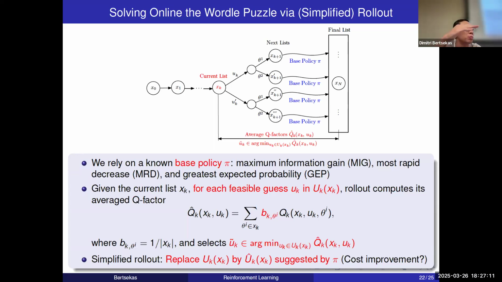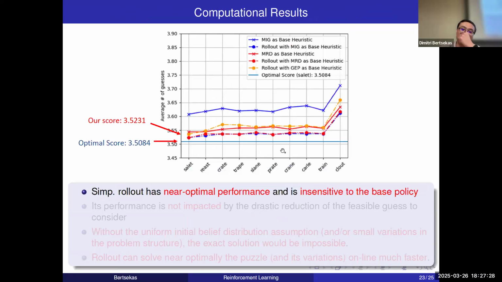And if you go back to the proof of performance improvement, you can see that replacing u_k of x_k by u_k hat of x_k does not break down the argument. Okay. So how does it perform?